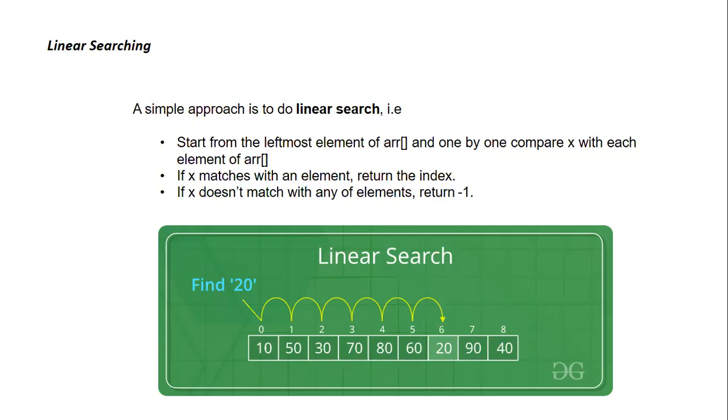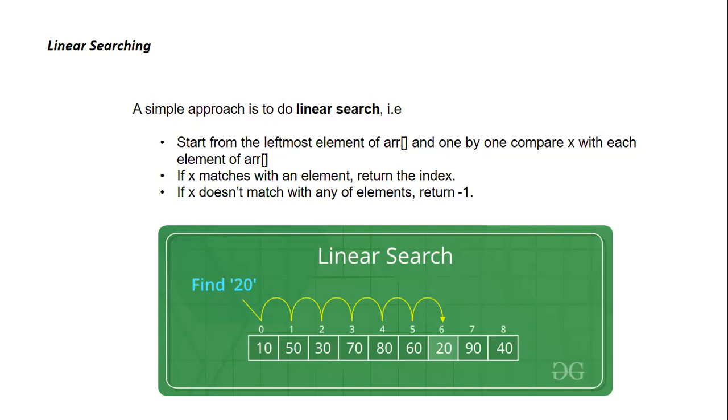So how are we going to start? Start with the leftmost memory location, and then proceed one by one, comparing the element that is to be found with each element of the array.